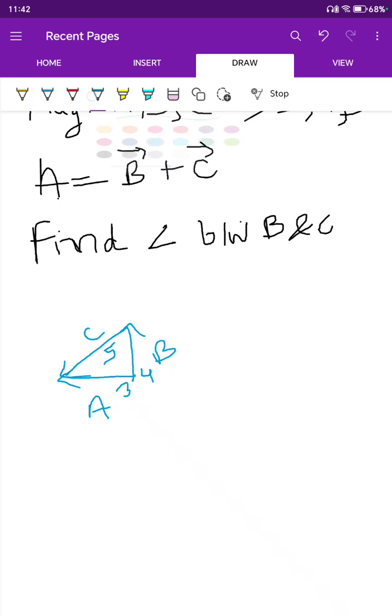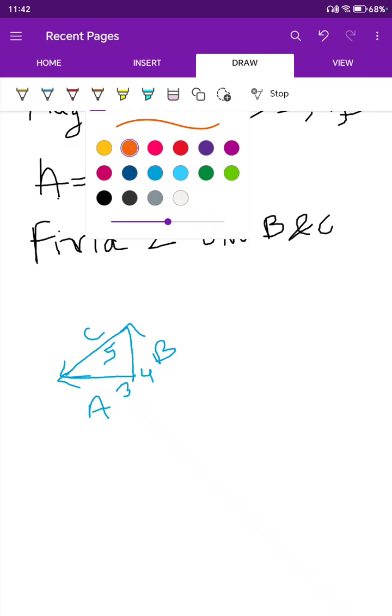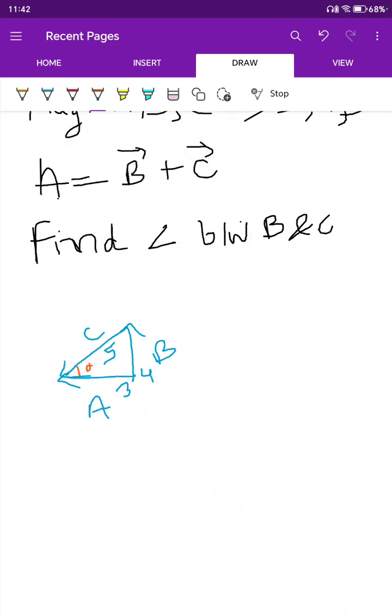Suppose you take this angle theta. Take sine theta first. What is sine theta? Perpendicular upon hypotenuse. So perpendicular is 4 upon hypotenuse 5. You also take cos theta equals base upon hypotenuse, so 3 upon 5.